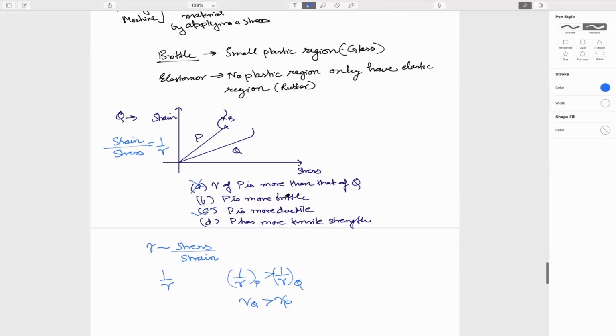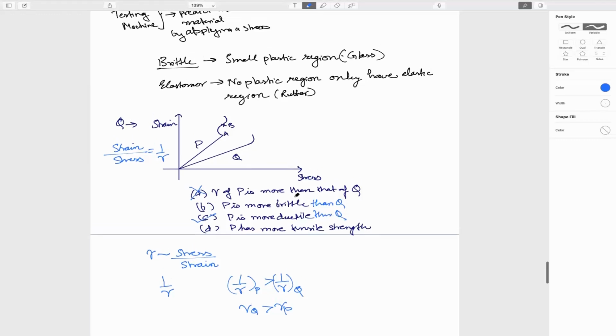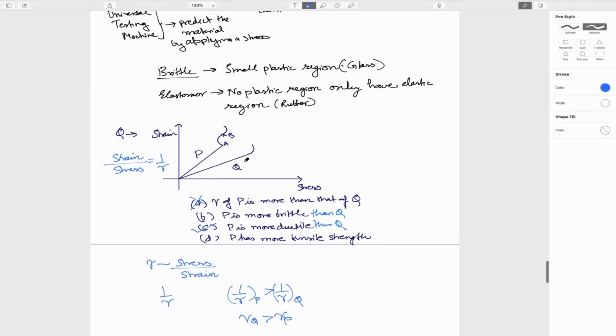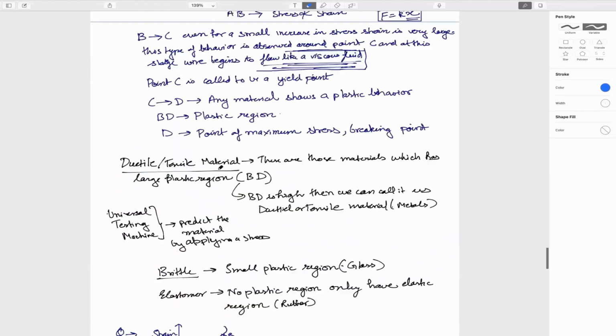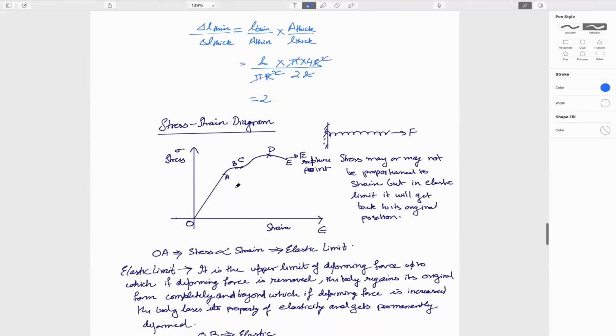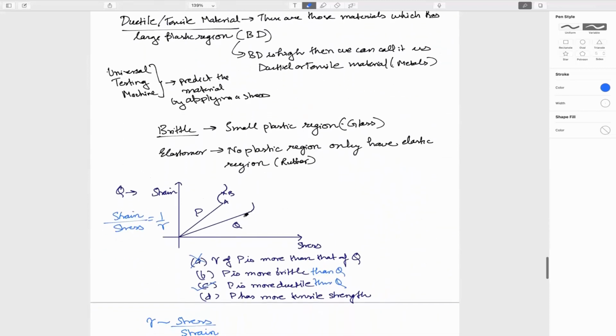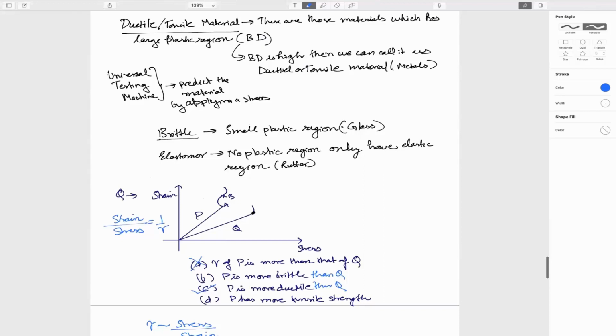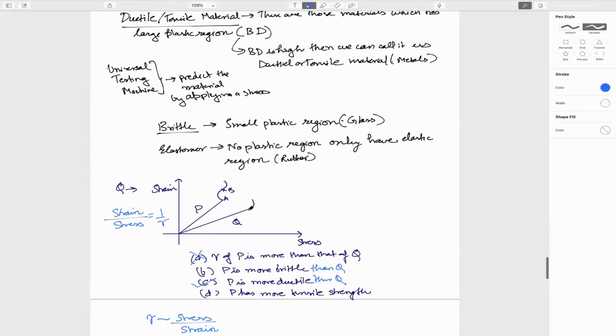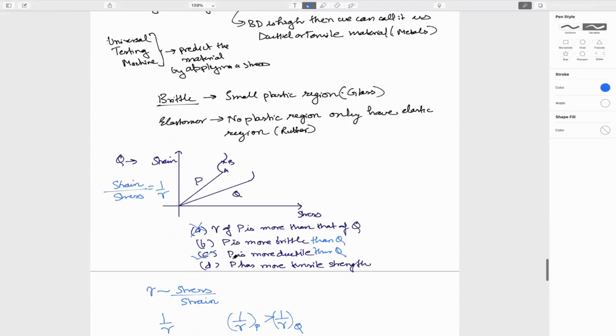It is all compared: P is more ductile than Q because it has this plastic region. If you see Q, it has a very small plastic region, so Q is actually a brittle material.